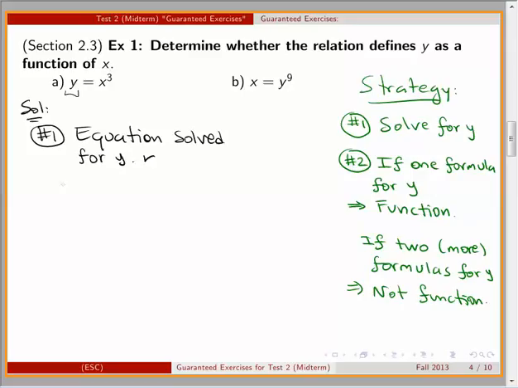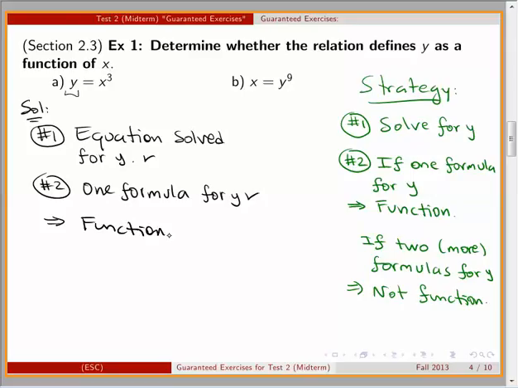And if we look at this equation, then we can see that there's only one formula. So when these two conditions are satisfied, then we can conclude that we have a function.